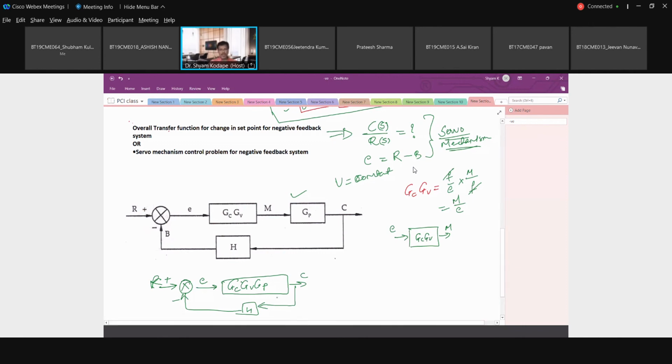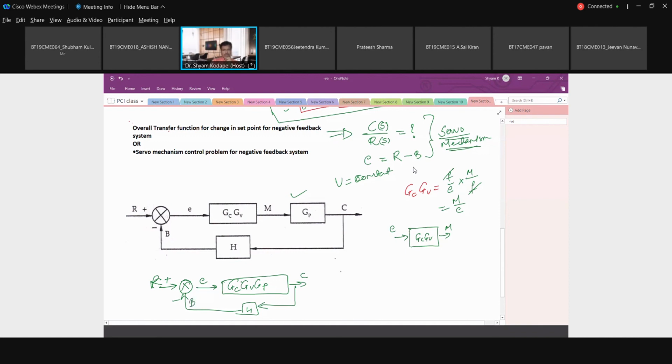Now see, these three were in series, so it is okay: GC, GV, GP. Now H is in parallel with this. I would like to develop C by R. For that purpose, what are the different variables I have?